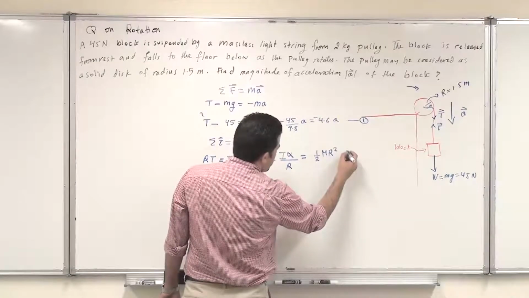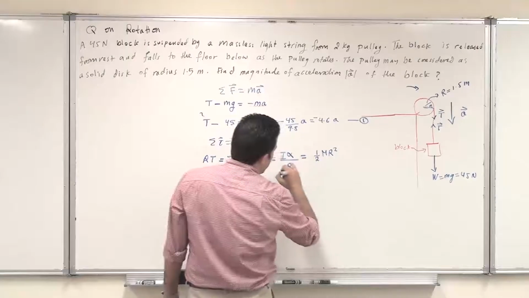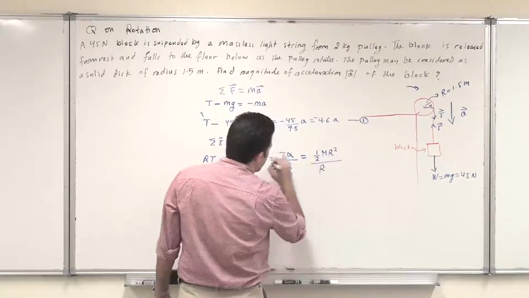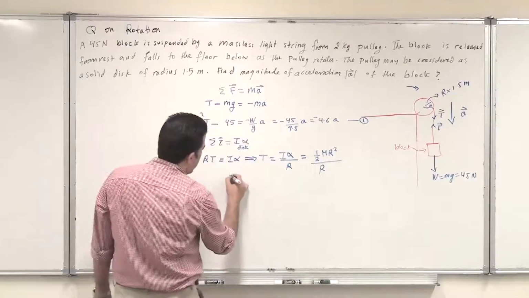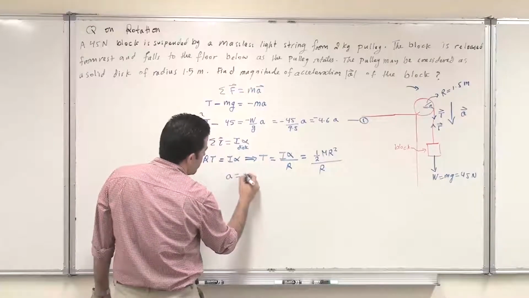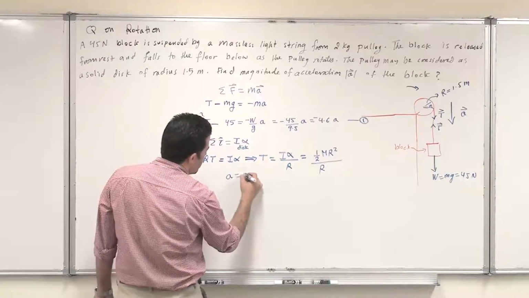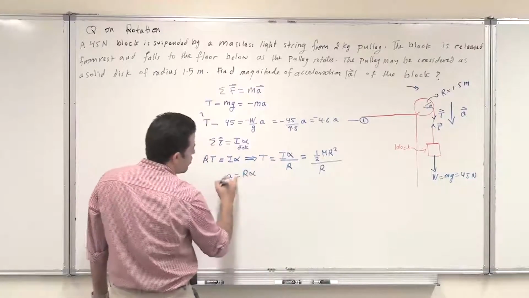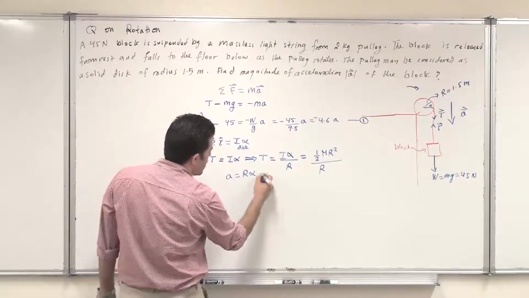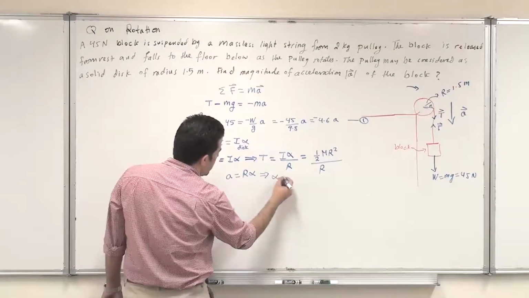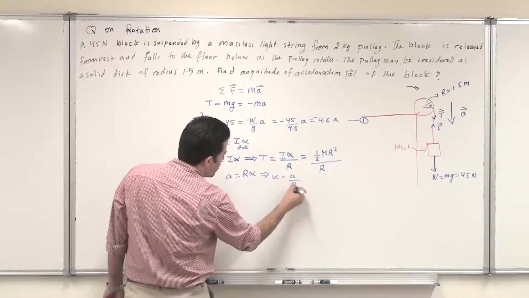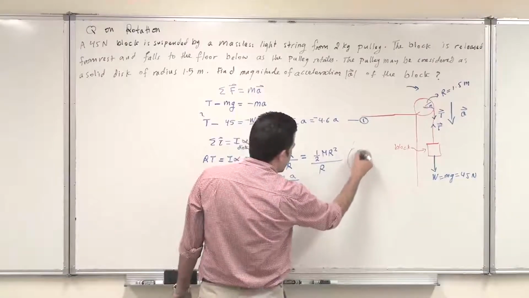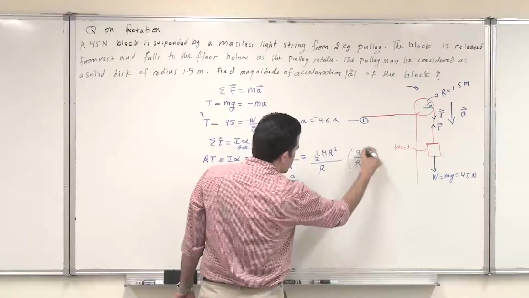So T equals half m r squared alpha divided by r, and we know that a equals r alpha. So we can also incorporate this as alpha equals a divided by r, and substitute for alpha here as a divided by r.